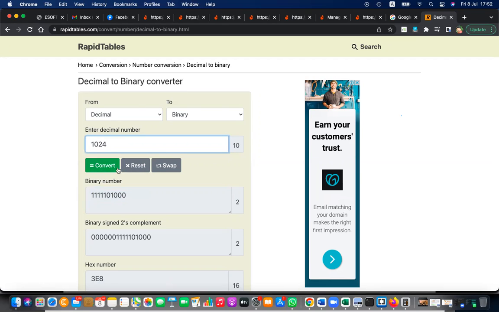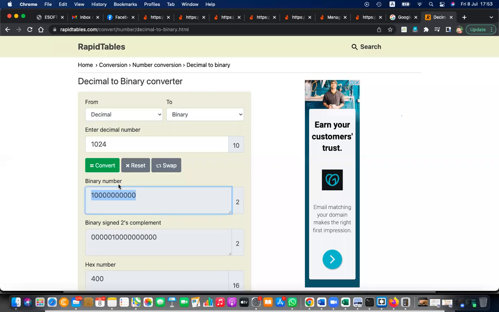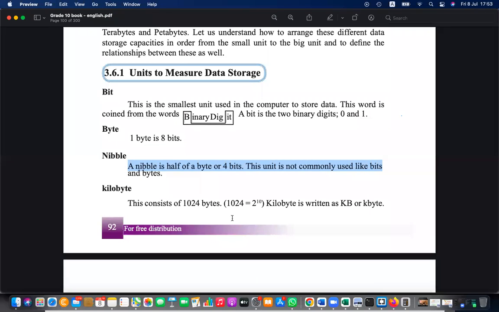That is 1 and how many zeros? 1 2 3 4 5 6 7 8 9 10. 1 and 10 zeros. That is easy. That's the reason why we take 1024, 2 to the power 10. 2 to the power 10 means 1 and 10 zeros like this. That is easy, right? So that is taken as the kilobyte.